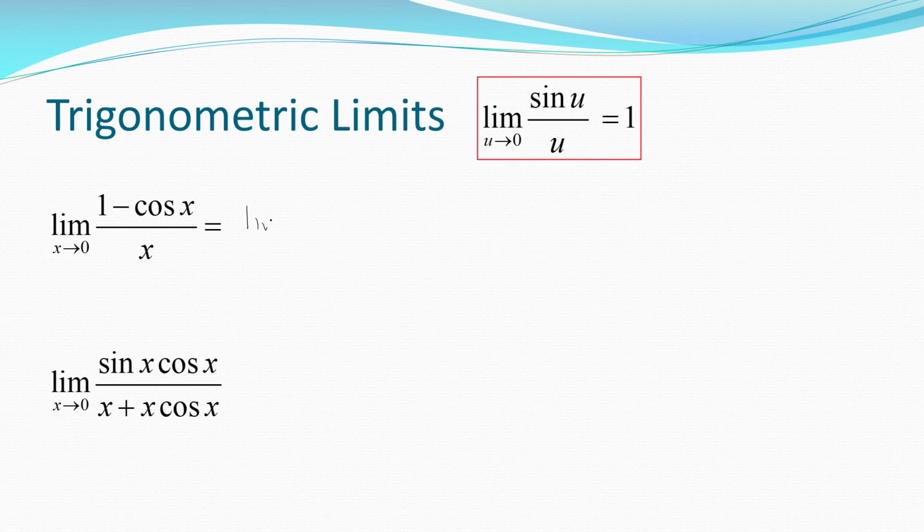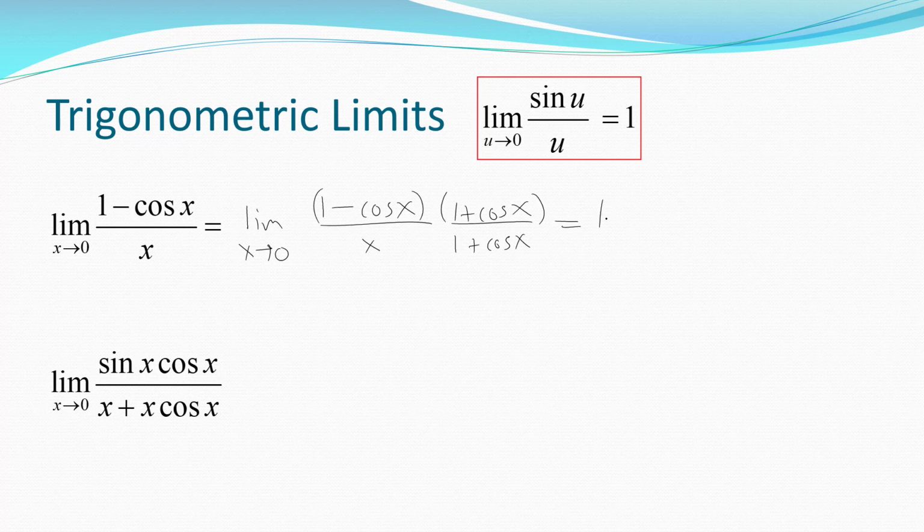Well, I remember, though, that 1 minus cosine squared is sine squared. So to get that, I'll take this numerator and this denominator, and I'll multiply by 1 plus the cosine of theta in the numerator and the denominator. That way in the numerator, it sets up a difference of squares.